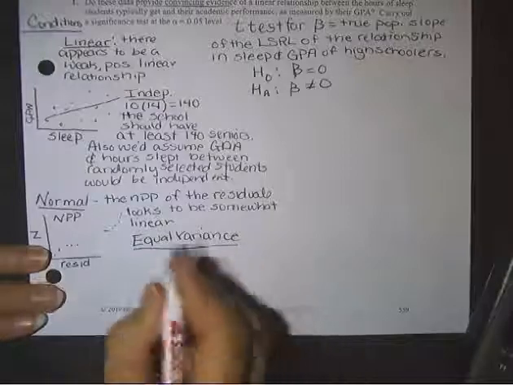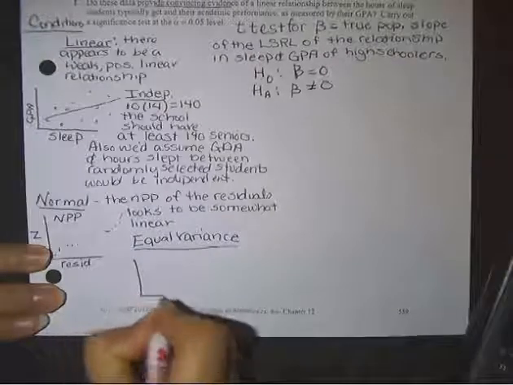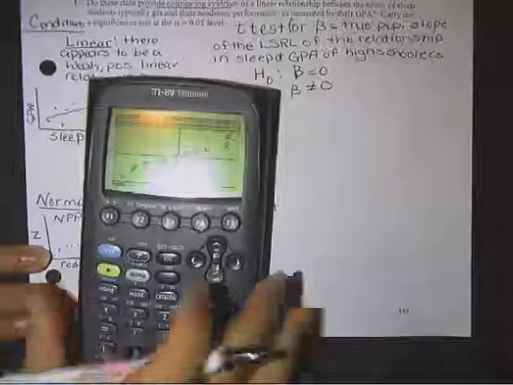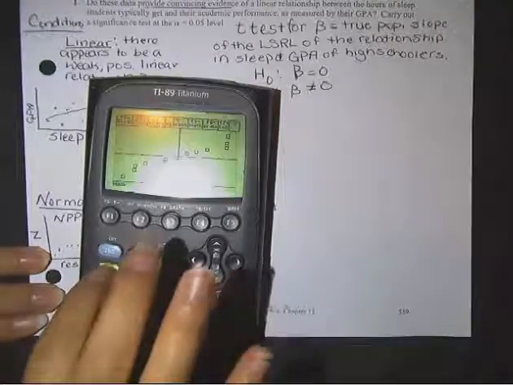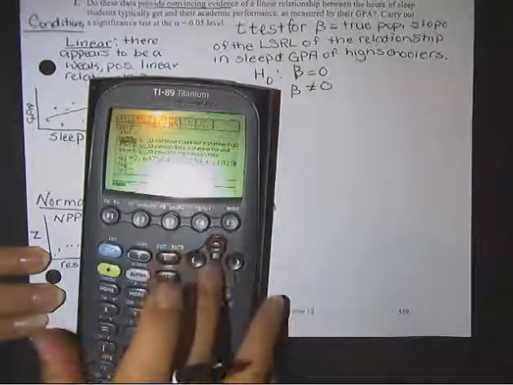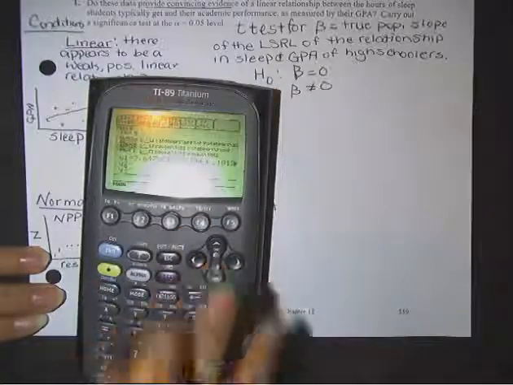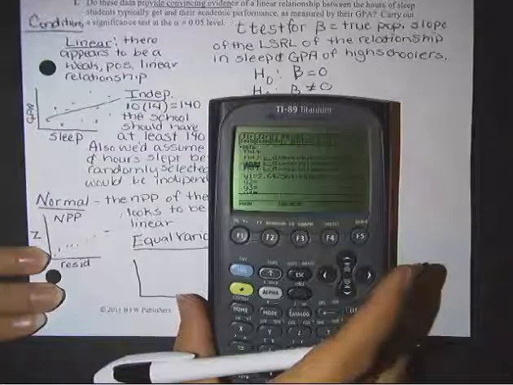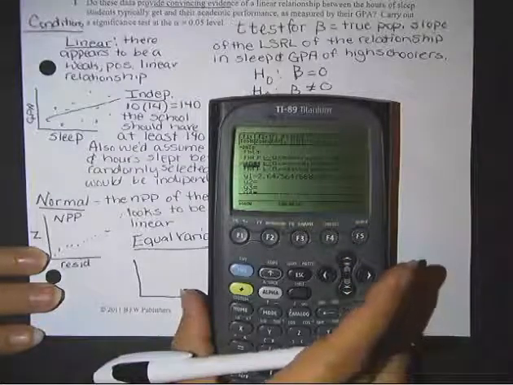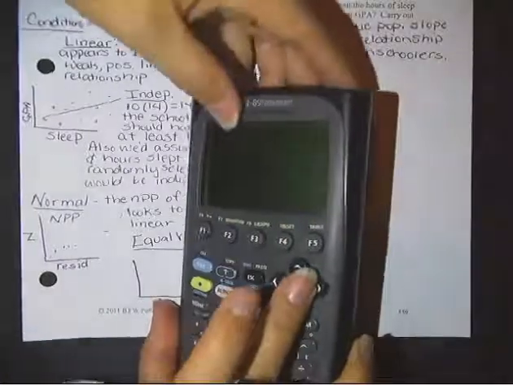So a residual plot, I've already put under plot 2 here, and you should know how to make a residual plot. You're going to just do a scatter plot and put your residuals as the y list. Your x list is still going to be list 1. And there's our residual plot.